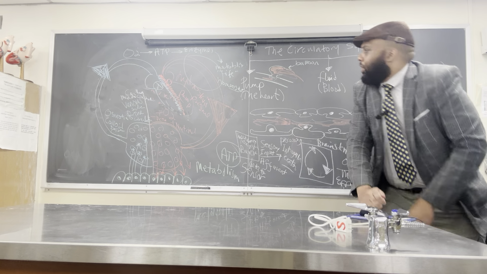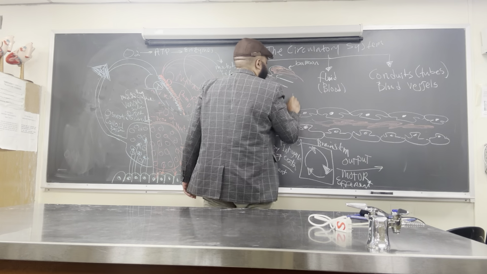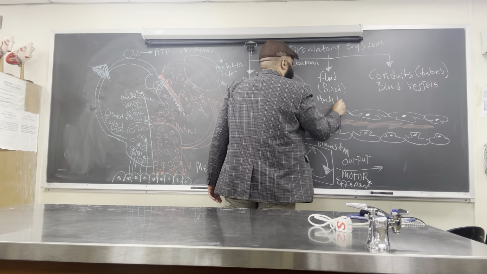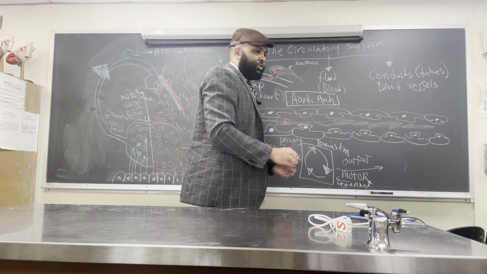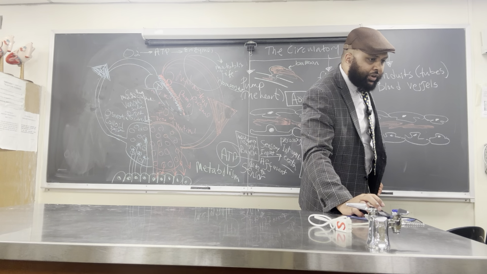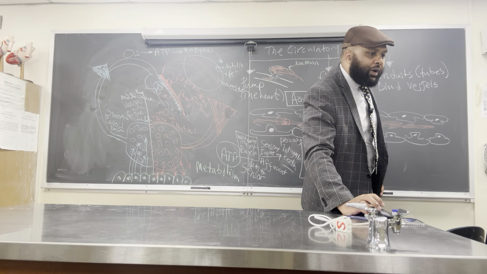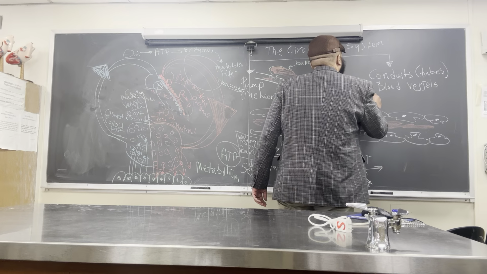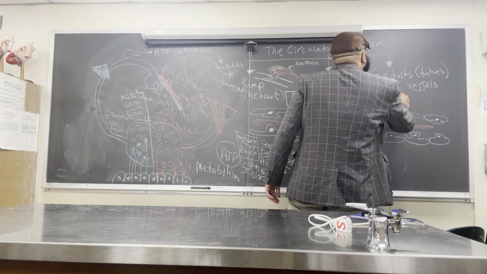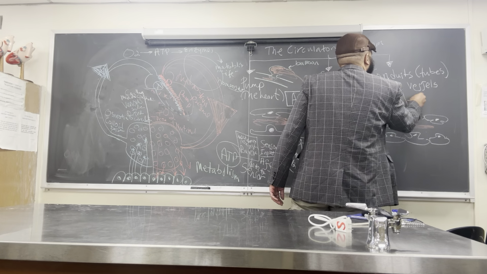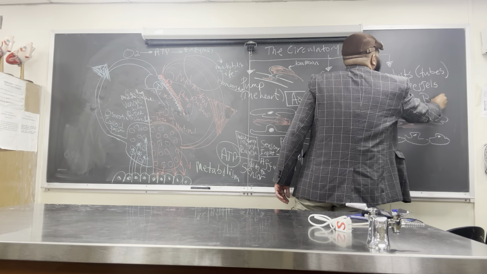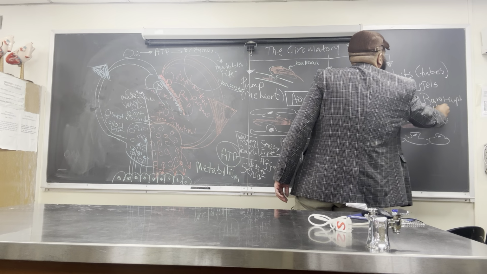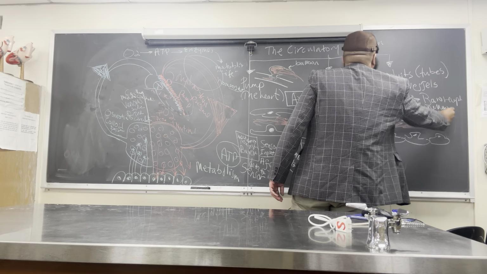So the aortic arch and the carotid sinuses, you see where my mouse is? The aortic arch and the carotid sinuses have your baroreceptors, which are an example of mechanoreceptors.